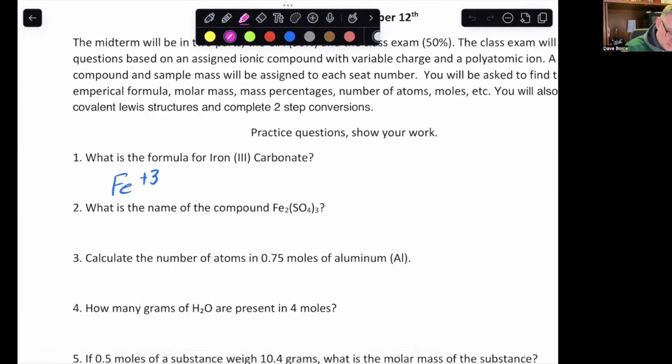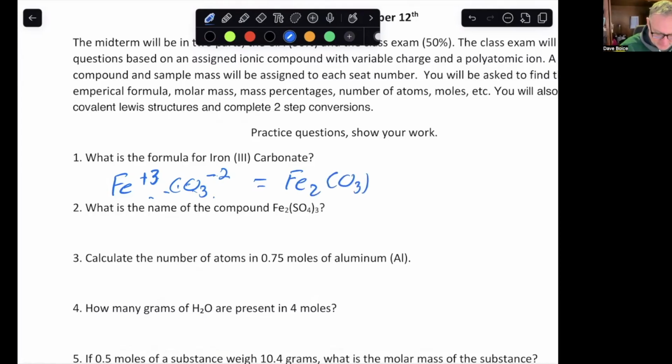So CO3 -2, and you want to think of the polyatomic as being one thing. So we're going to swap, drop, and reduce these charges. No reduction necessary, but this is going to be Fe2, and then CO3 stays together, and we want 3 of those. So that's going to be your formula.